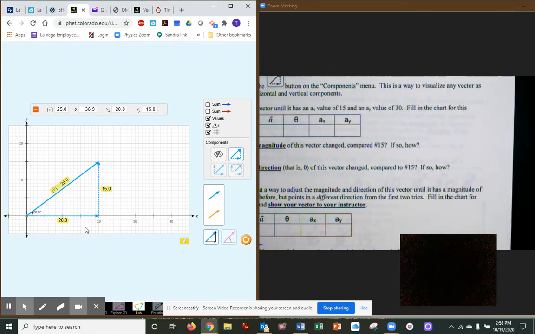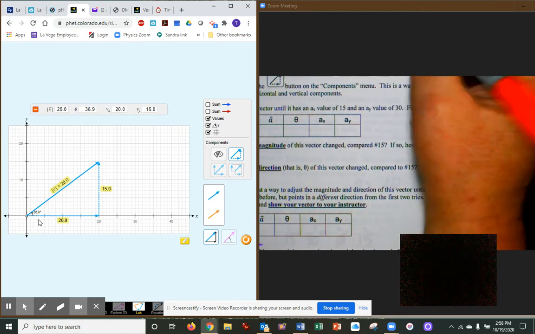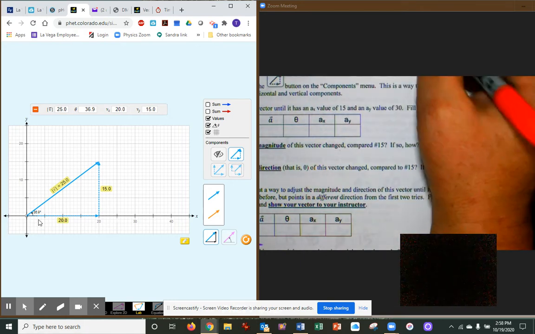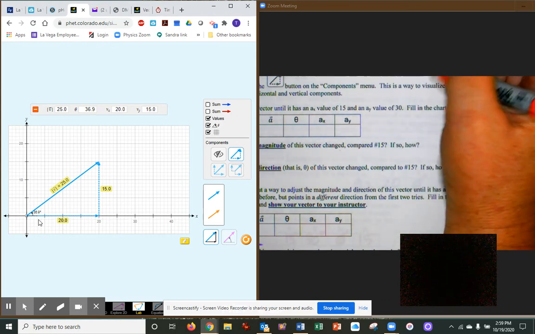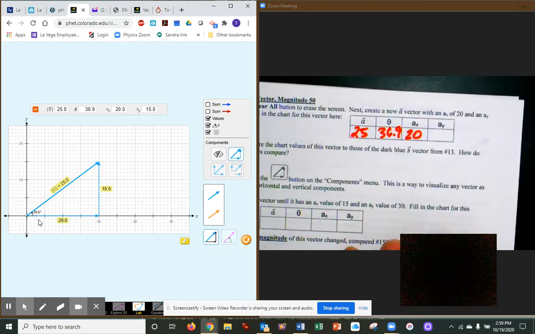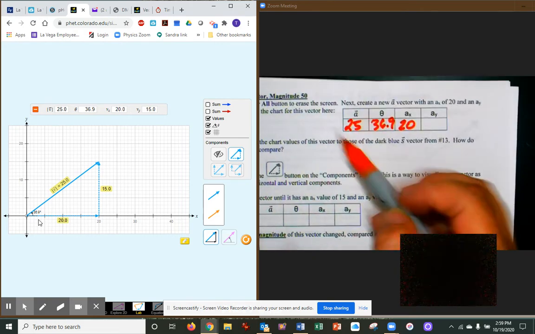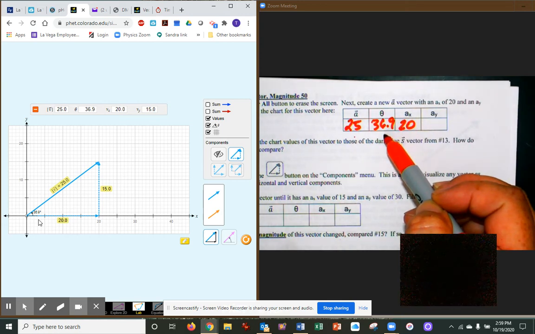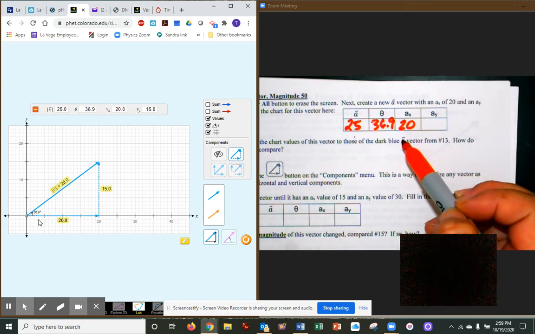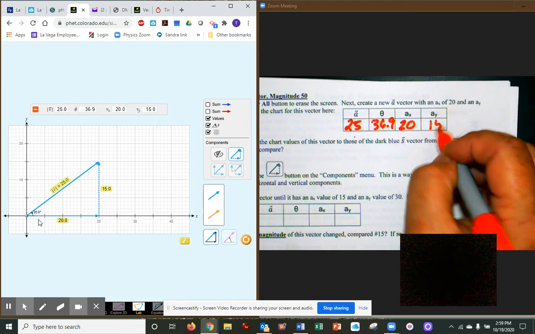And its y is 15. The horizontal going across is 20. That's the x, isn't it? Yeah, I'm sorry, I meant the x. So the magnitude of A is 25. The angle is 36.9. The x component is 20, and the y component is 15.